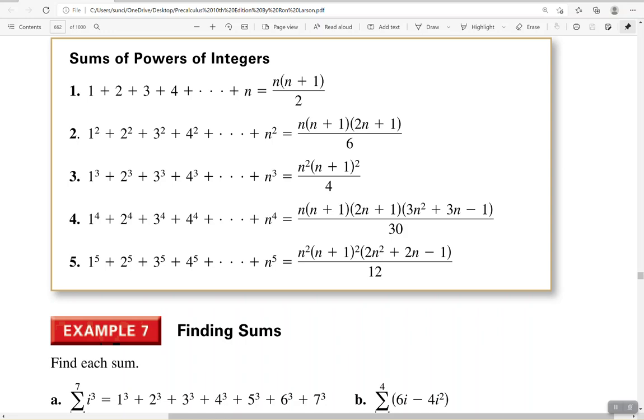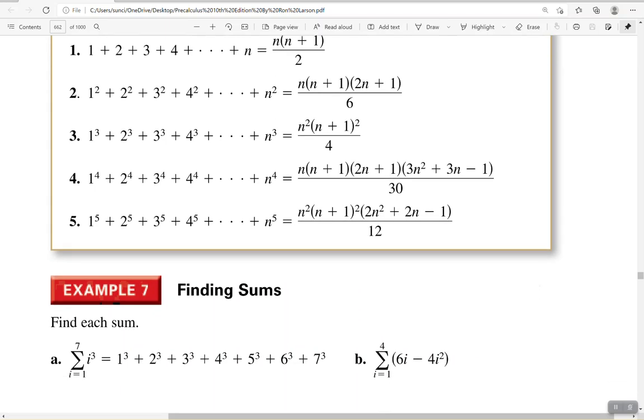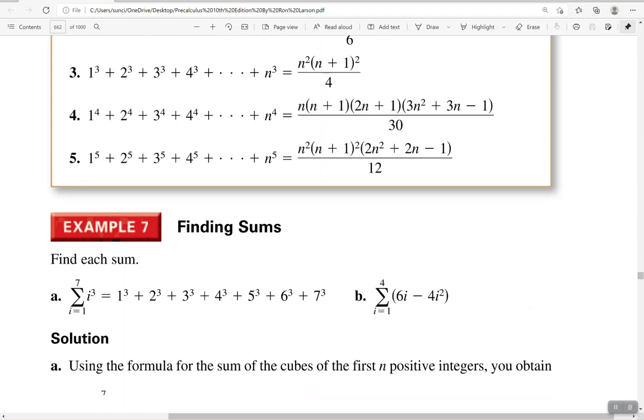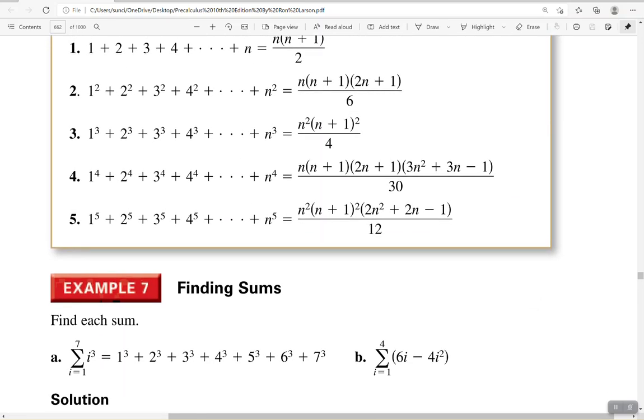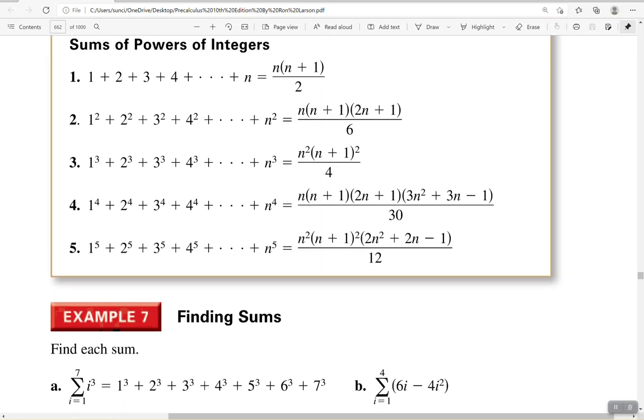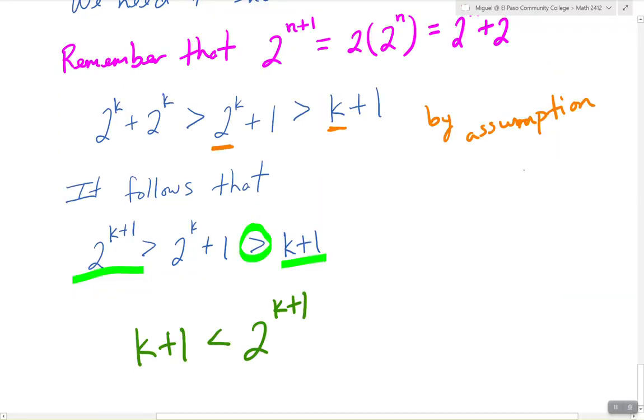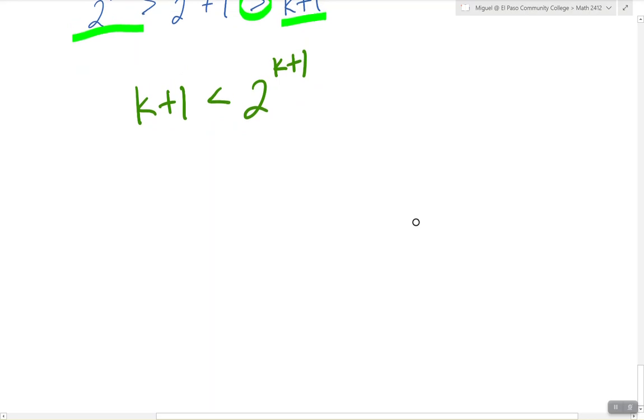Example 7B. I'll show you how we use these formulas here.